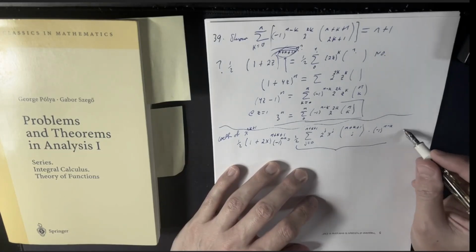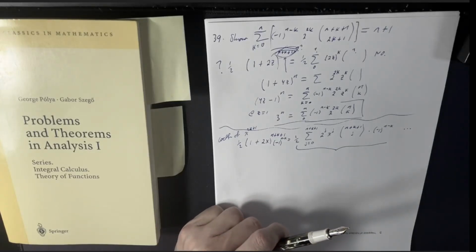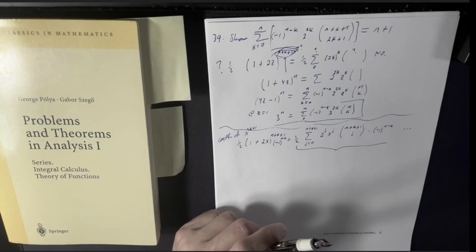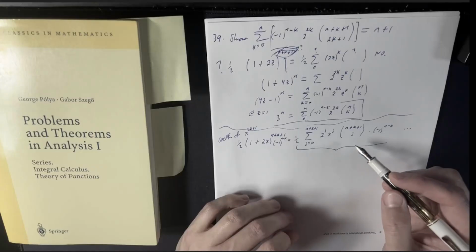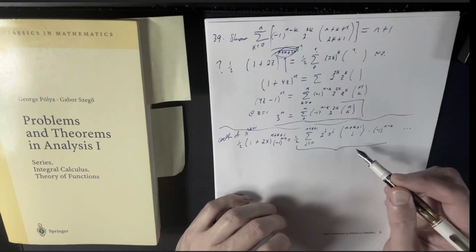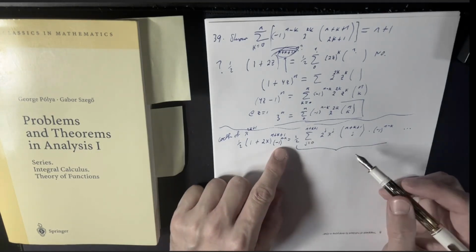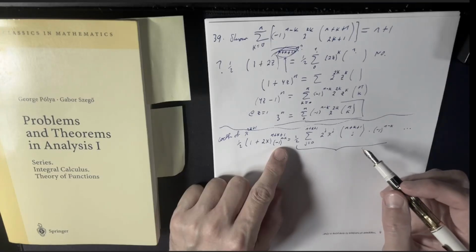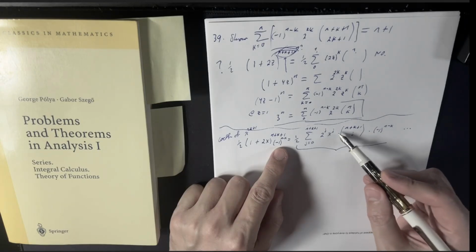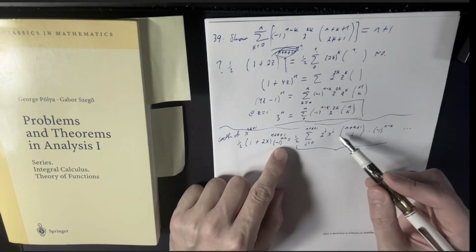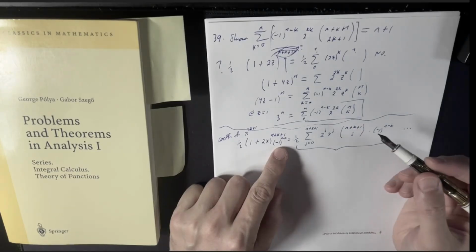Yeah, all right. So what I really don't get is he changes the value of x for some reason. It's like he wants to make this j plus 2, but I don't get it.